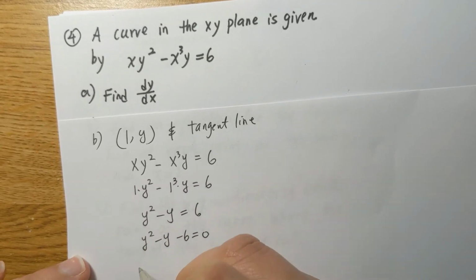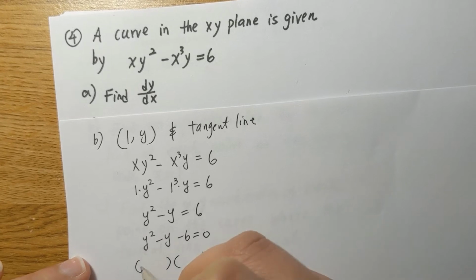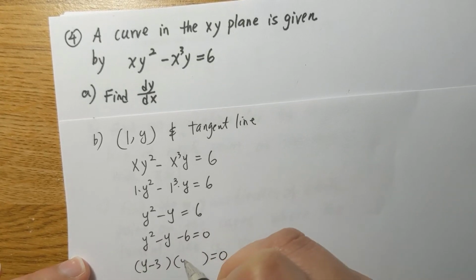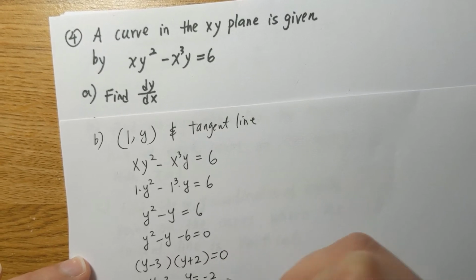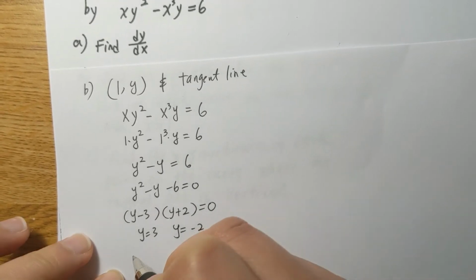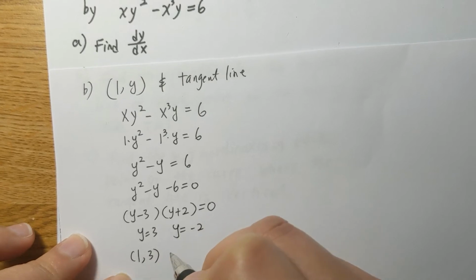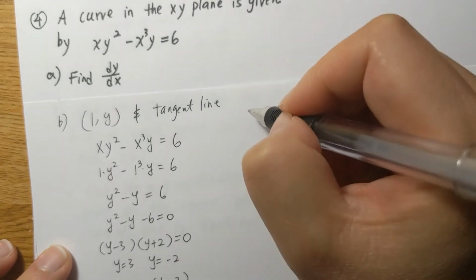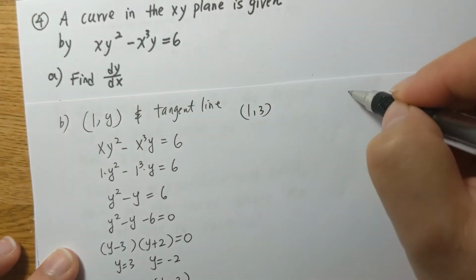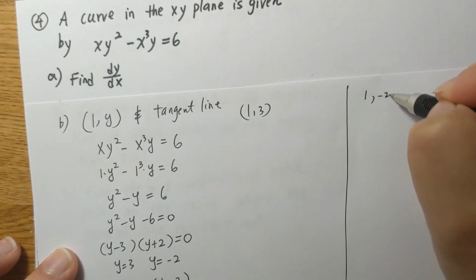So here is a factor. So we found two y values. So we got (1, 3) and (1, -2). So now at the (1, 3) and the (1, -2).